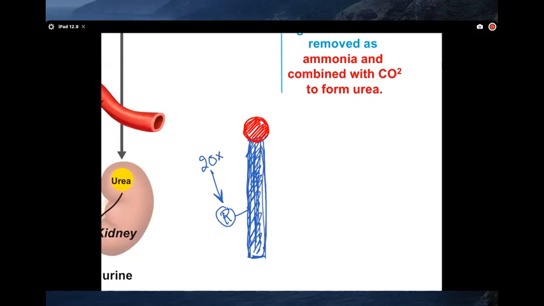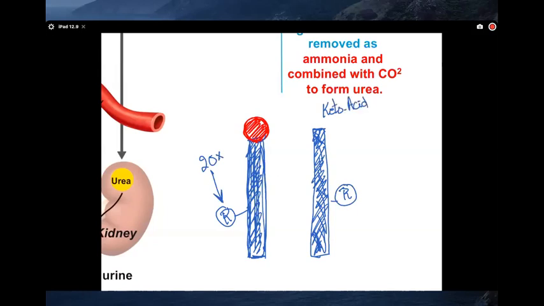This is common. If I did remove the amine group in here, this is going to be the keto acid of this specific amino acid.